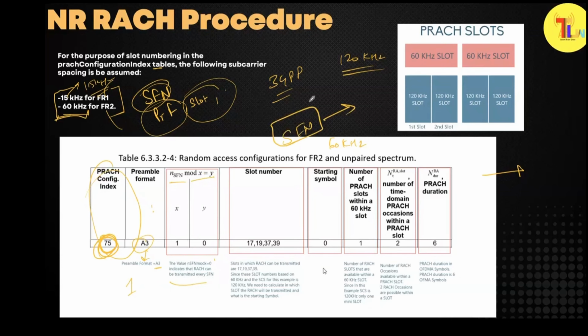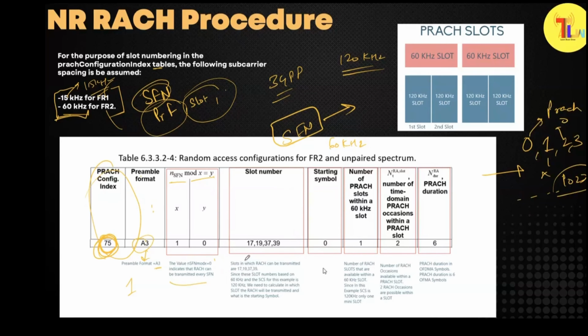Or if it is even, the 0th one I'll be able to send the PRACH occasion, then 1 I'll not be able to, then 2 I'll be able to again send, 3 I'll not be able to. It will go till 1023, like this. So here we'll be calculating that.